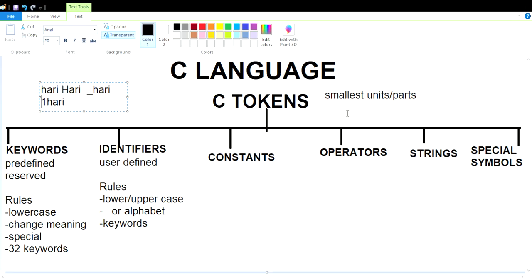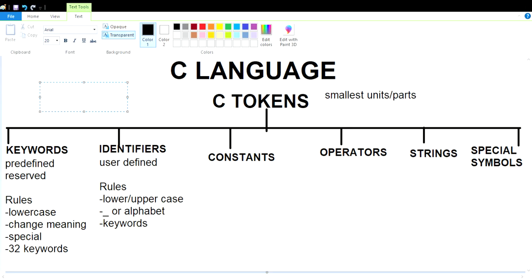So the identifier should not start with a number. Either it should start with an alphabet or it should start with the underscore. Other than that, it should not be followed. Either a special symbol or a number, anything, is not treated as an identifier.